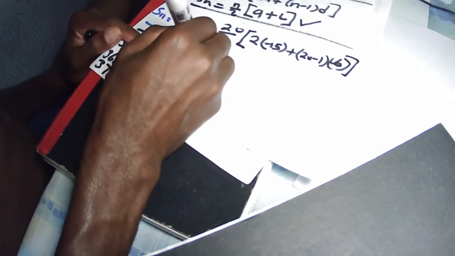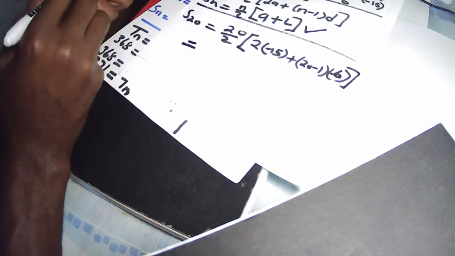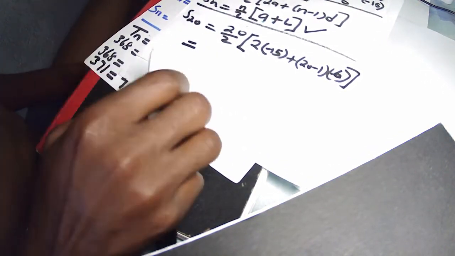Right away we just calculate and get the answer. So that is 20 divided by 2, 10. 10 multiplied by 2 times negative 15, that is negative 30, plus 19 times 6.